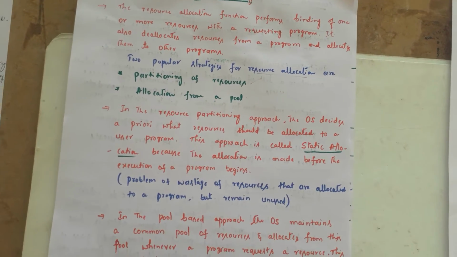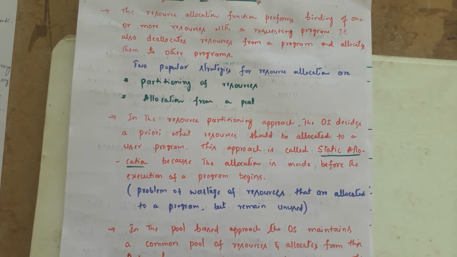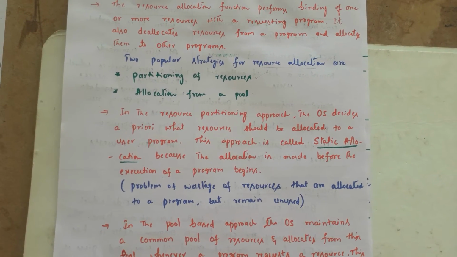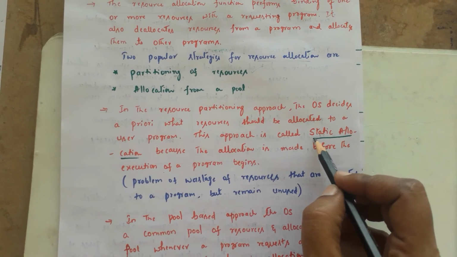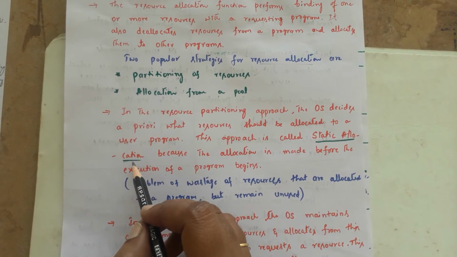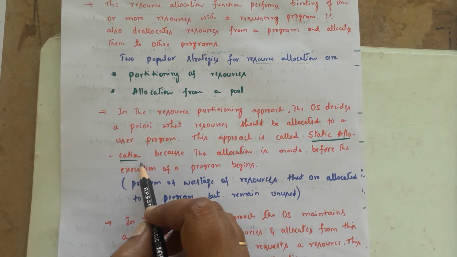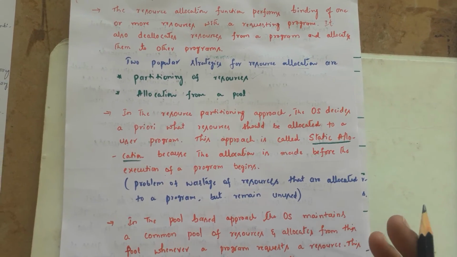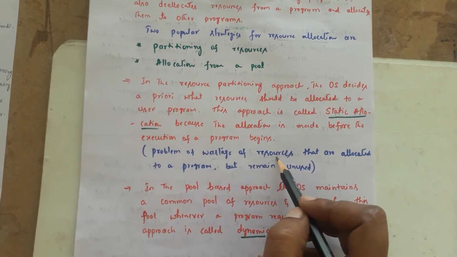Partitioning means the available resources are equally divided among all the programs, whether they need it or not. That is called static allocation. Here, even when it is not needed, we allocate equally to all programs, so the problem is wastage of resources.